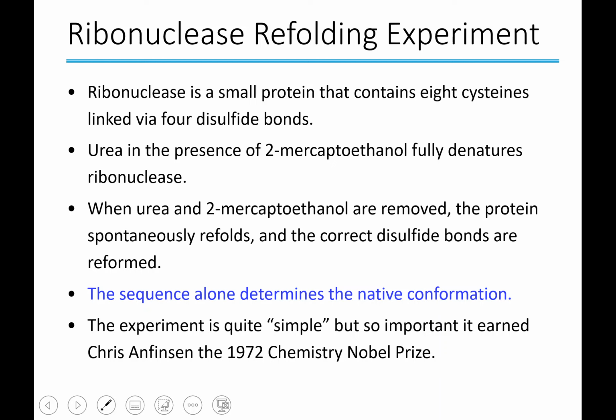Okay, a very simple experiment, but it led to a Nobel Prize in chemistry. And just to give some numbers here, if there were 8 cysteines, that would be something like 105 possible disulfide pairings that could form. But when they did this experiment, only the 4 correct ones were forming.